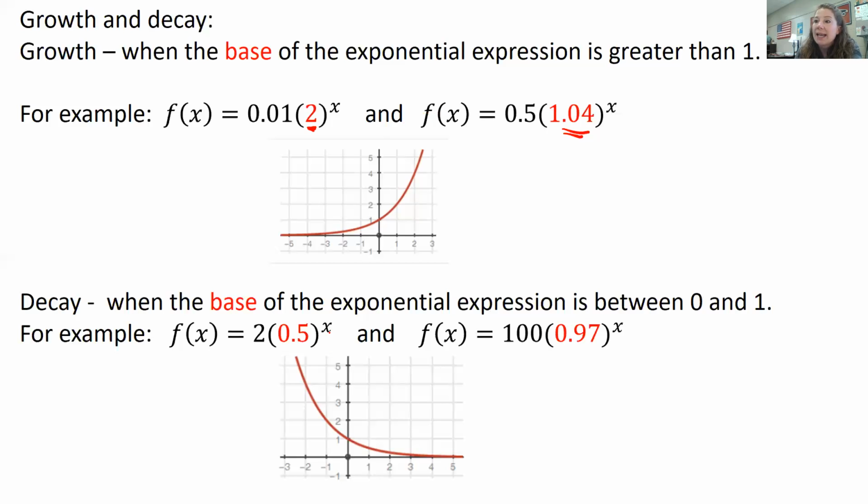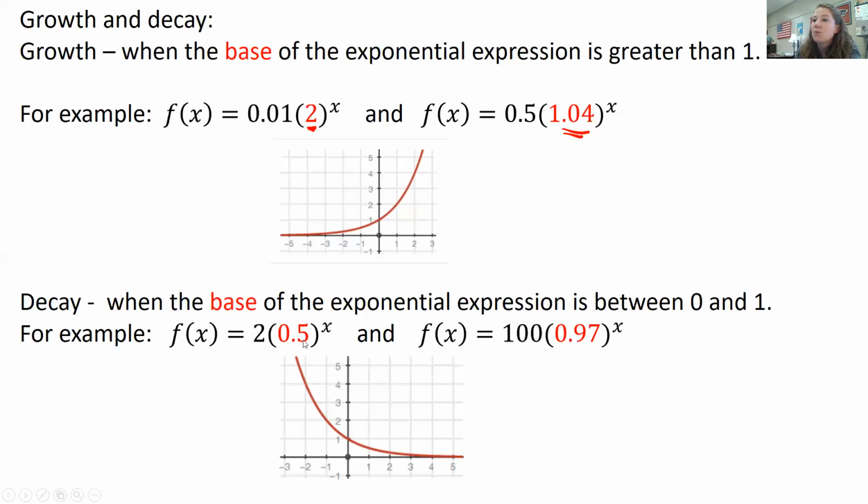Now for decay, if the number inside the parentheses, which is the base, is between 0 and 1, that means our graph is always going to show decay. It goes down and to the right. So you always look at the base.